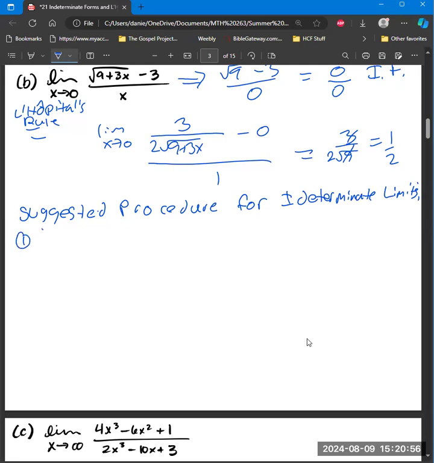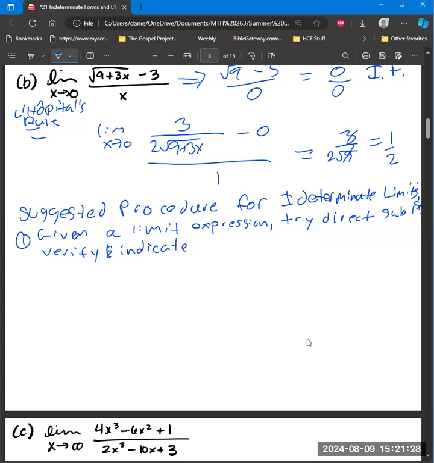One, given a limit expression, try direct substitution first and always, where you can, as long as the limit isn't going to infinity. Verify and indicate the specific indeterminate form.